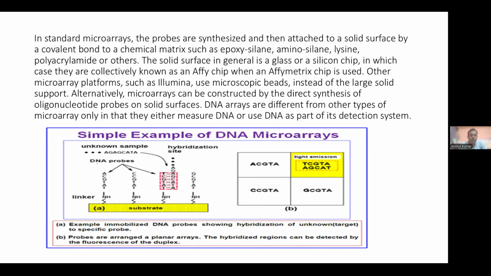So here you can easily see through the diagrammatic representation how the DNA microarray mechanism works. Here is the substrate, then the linker, and through the linker, these are the DNA probes which are attached to the solid surface, and how they are arranged sequentially on these surfaces.